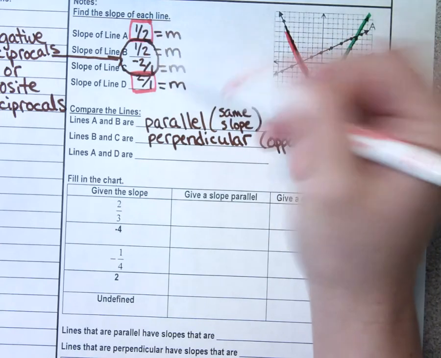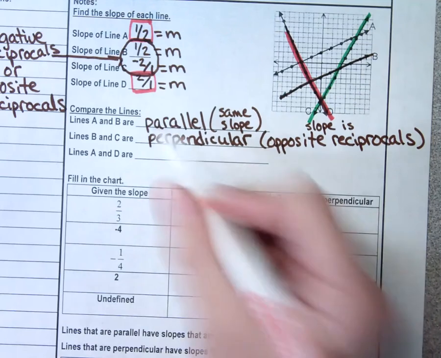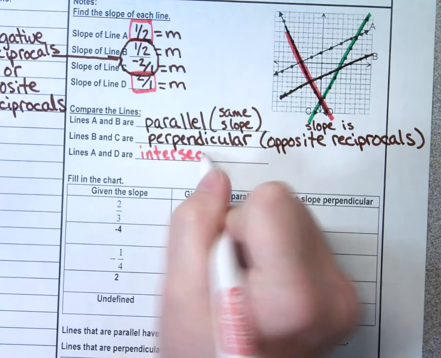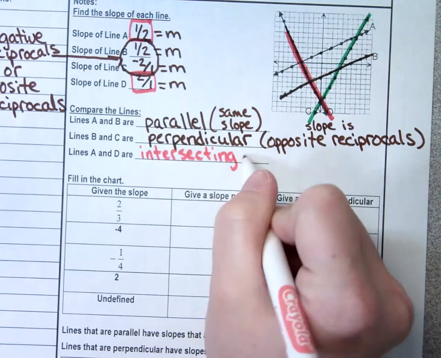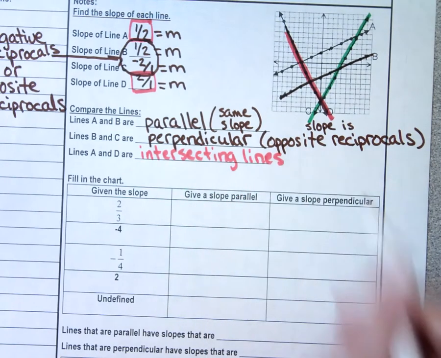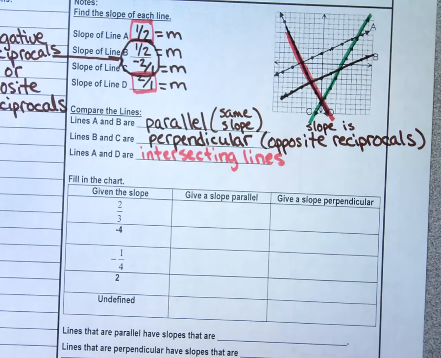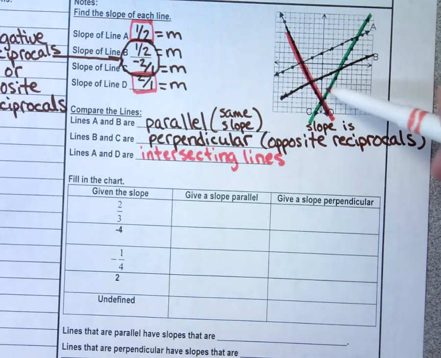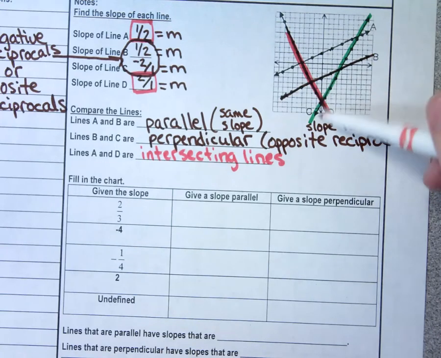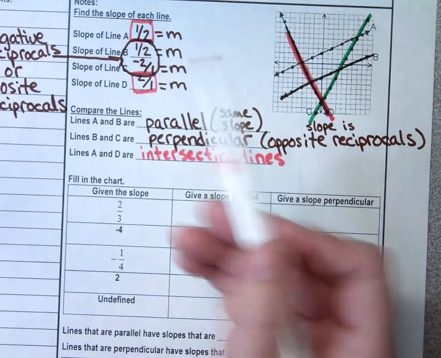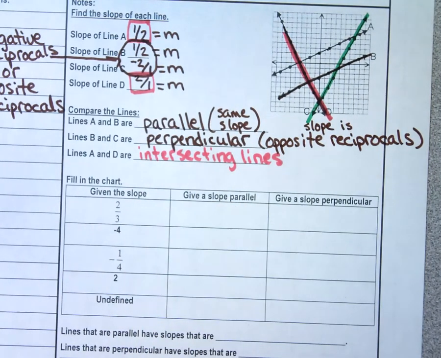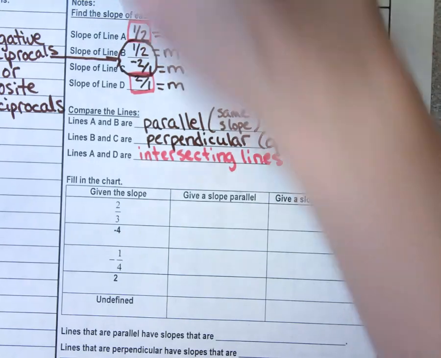No, they're both positive. So lines A and D, they're just intersecting lines. They're not parallel because they obviously intersect, but they're not perpendicular because they don't form 90-degree angles when they intersect. And I know that for a fact because their slopes aren't opposite reciprocals. Their slopes are just reciprocals.